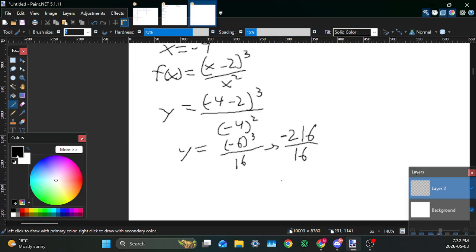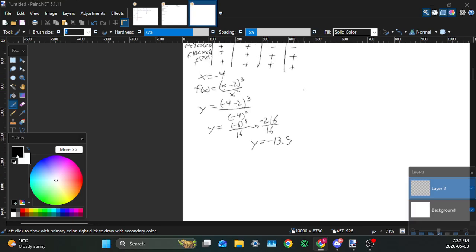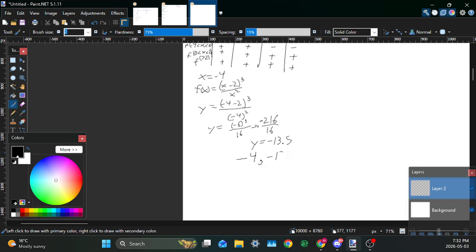And then when we actually calculate that, that's going to be negative 13.5. Just double check that here. Yeah, negative 13.5 is our y value. So we'll have a maximum at (negative 4, negative 13.5).